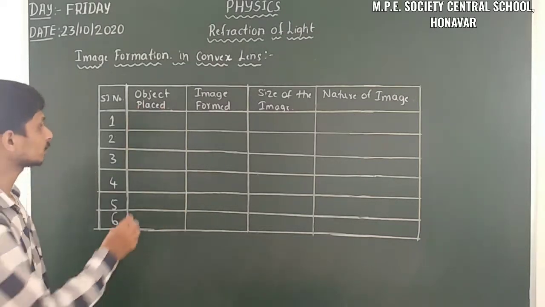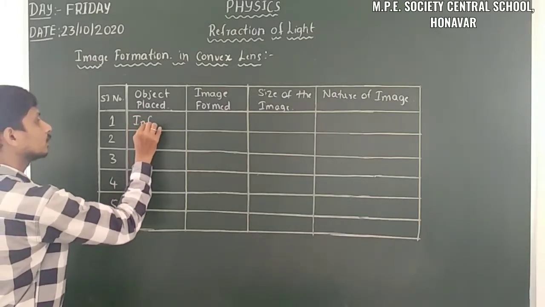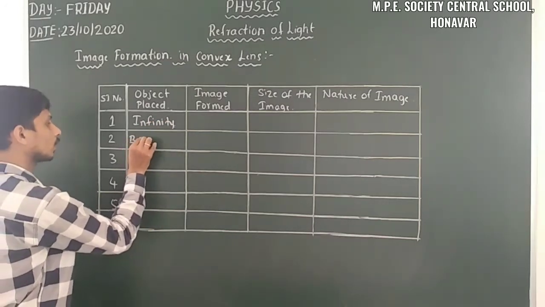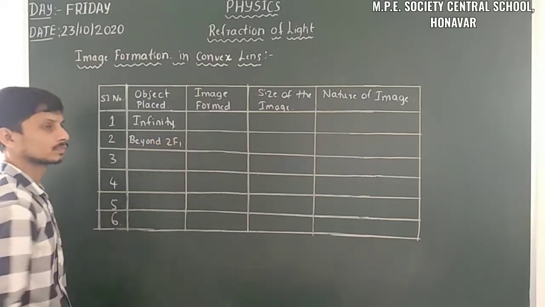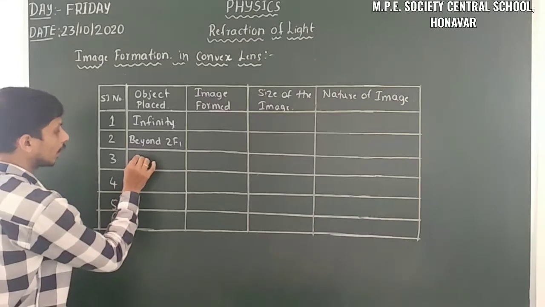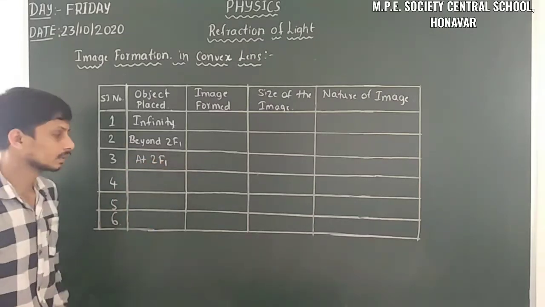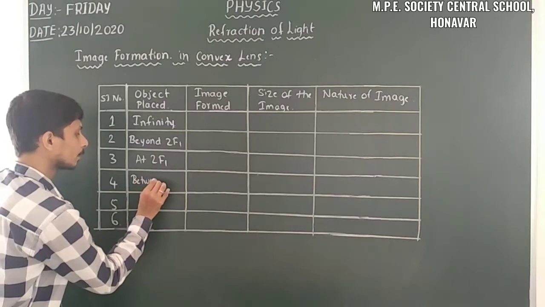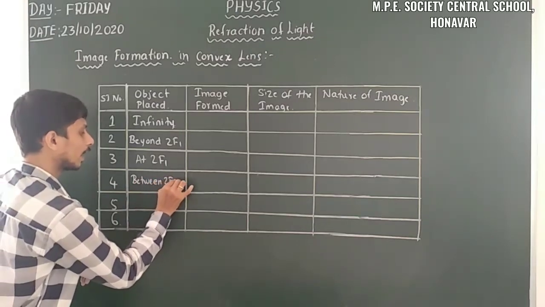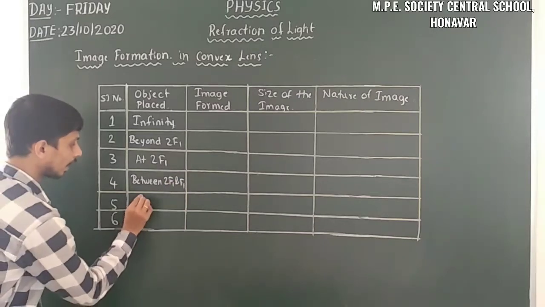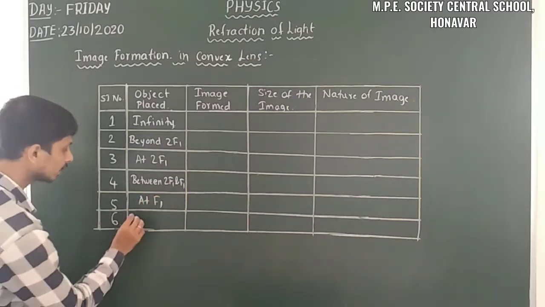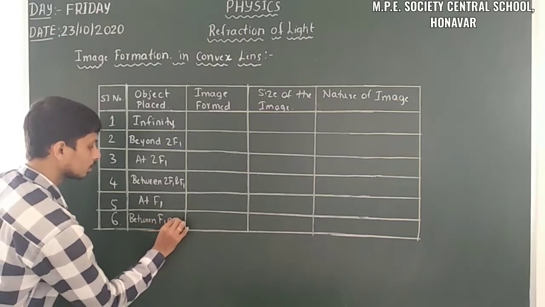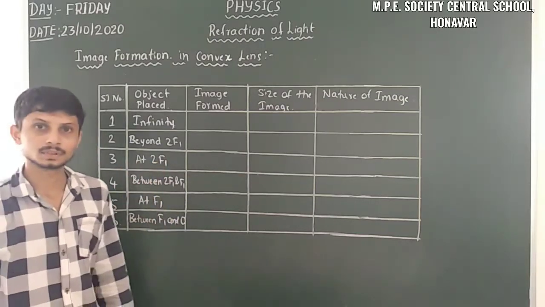In case of object position, firstly it is at infinity, then beyond 2f1, then at 2f1, then between 2f1 and f1, then at f1, and finally between f1 and O. So we have these cases.